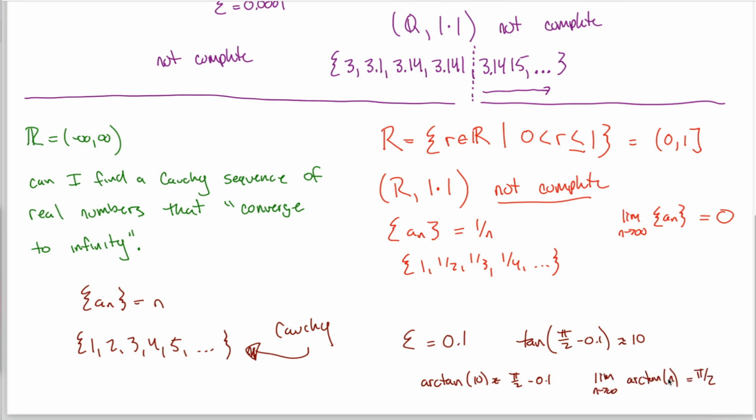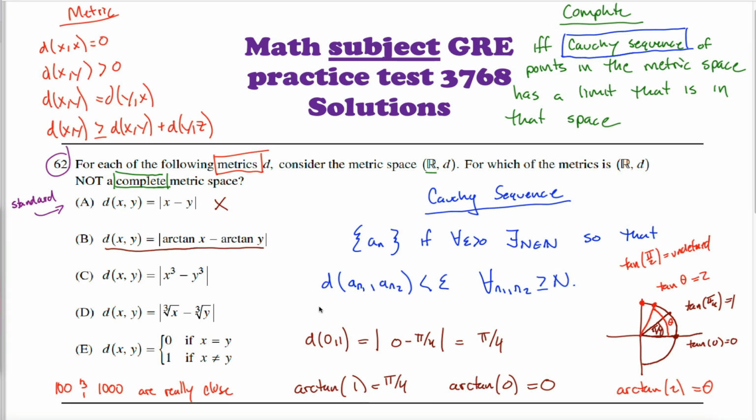So since arctangent is strictly increasing, the arctangent of any number greater than 10 is going to be something between pi over 2 minus 0.1 and pi over 2. In other words, for any terms in my sequence after 10, the distance between those two terms will be less than 0.1. What I'm saying is this is a Cauchy sequence with this specific notion of distance.